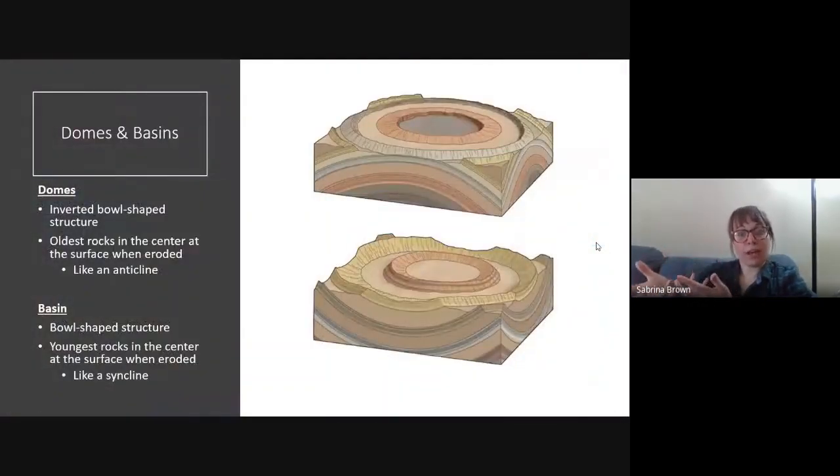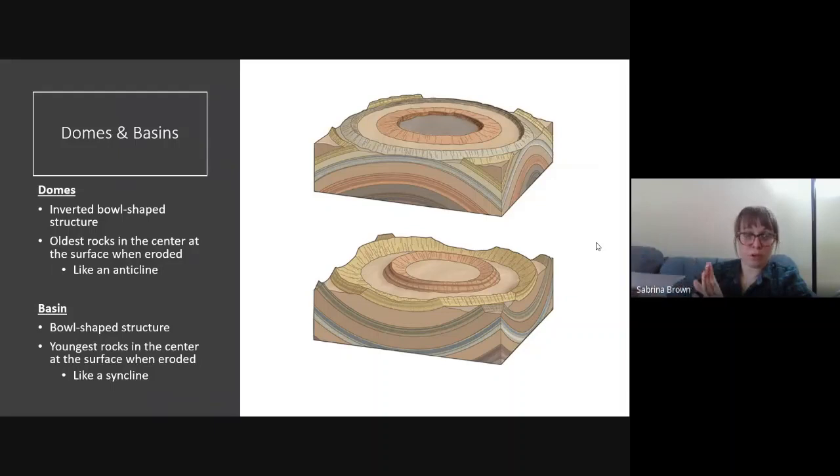All right, and then the last two classifications of folds are domes and basins, which are similar to our anticlines and synclines, except instead of being flat strata that have just been folded this way, they get molded or folded all the way around into a bowl shape.